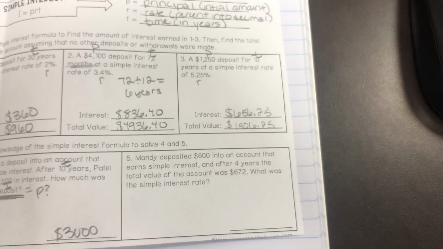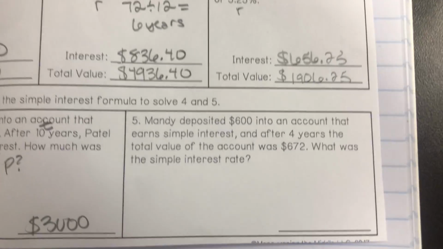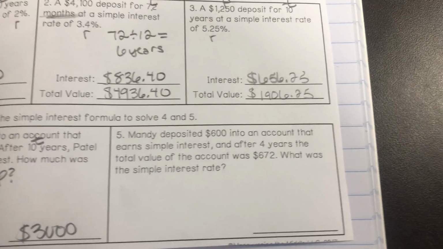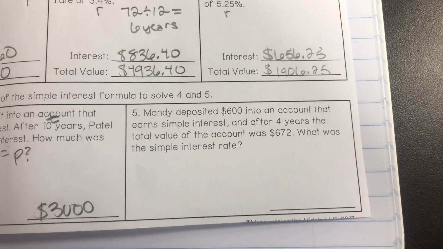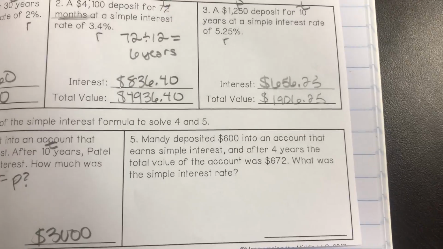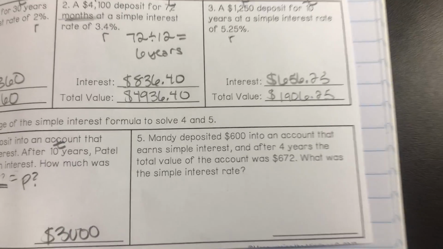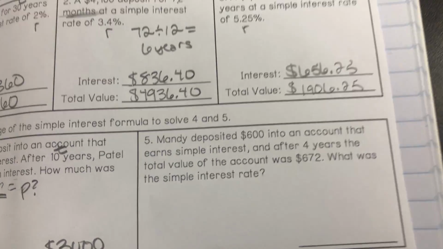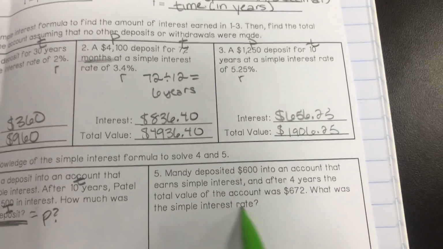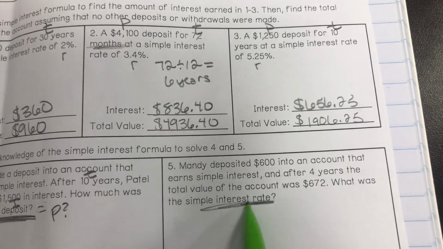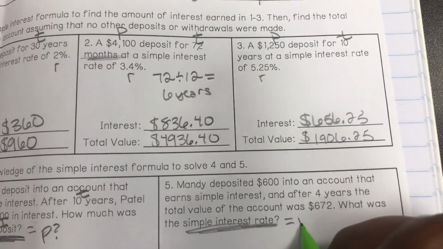All right, now let's see what we're missing here. So number 5 says that Mandy deposited $6,000 into an account that earned simple interest. After 4 years, the total value of the account was $672. What was the simple interest rate? All right, so first off, we know we're missing the rate here because it asks what's the simple interest rate.